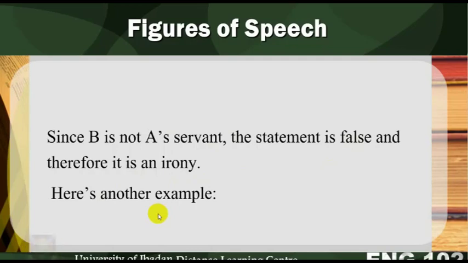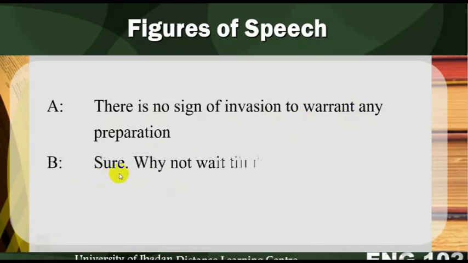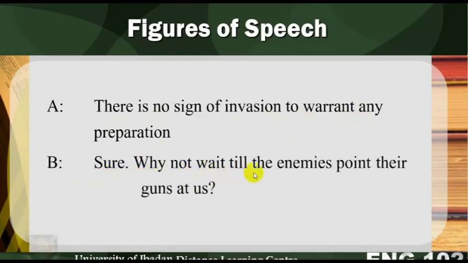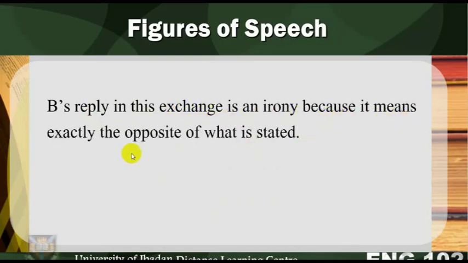Here's another example. A. There is no sign of invasion to warrant any preparation. B. Sure. Why not wait till the enemies point their guns at us? B's reply in this exchange is an irony because it means exactly the opposite of what is stated.